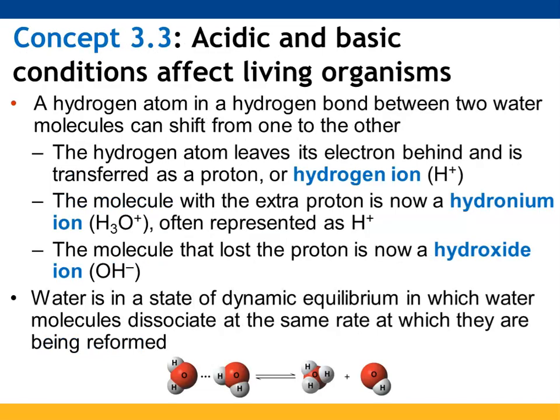The last thing we're going to talk about are acids and bases and how they're going to play a role with living organisms. Acids have the ability to donate a proton, typically in the form of a hydrogen atom, and bases have the ability to accept that proton. So if you have 2 water molecules that are connected to one another via a hydrogen bond, again, that is not a connection that makes up the molecule, but a connection between adjacent molecules.